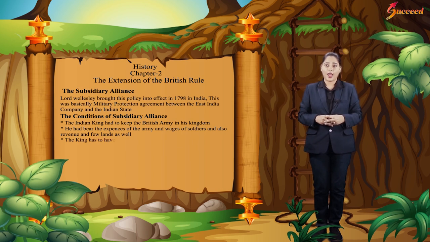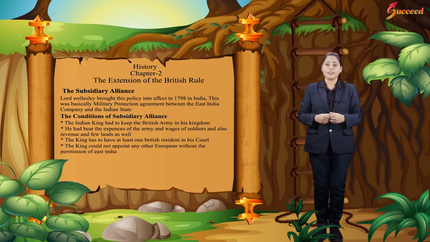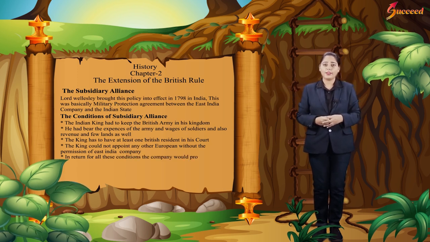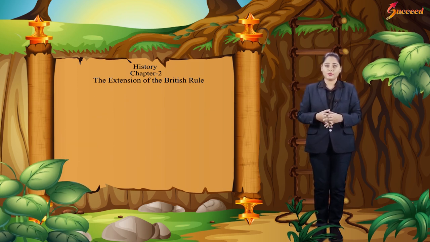The king had to have at least one British resident in his court. The king could not appoint any other European without the permission of the East India Company. In return for all these conditions, the Company would provide services and protection from any internal or external aggression.